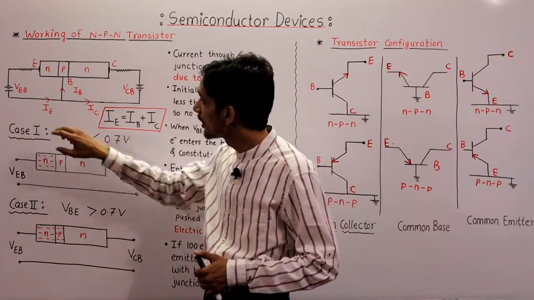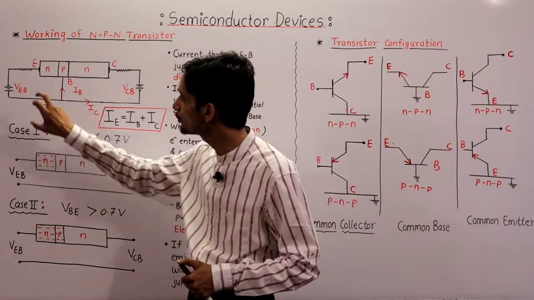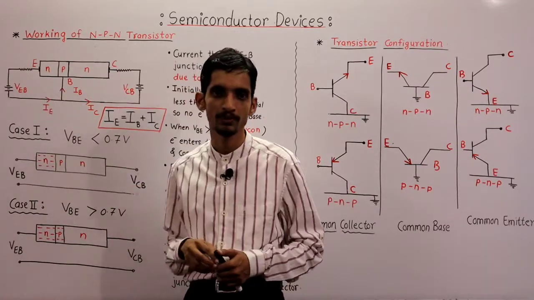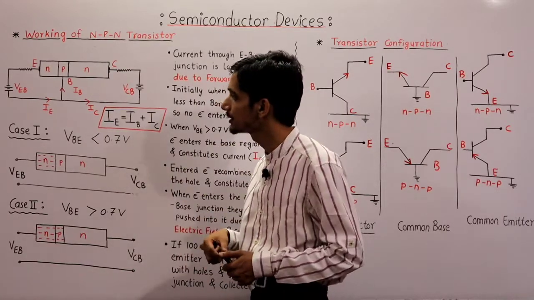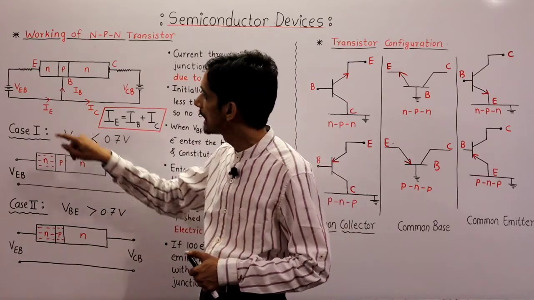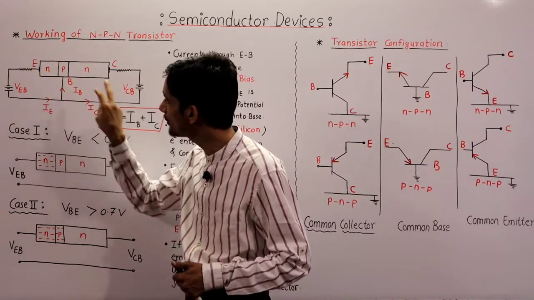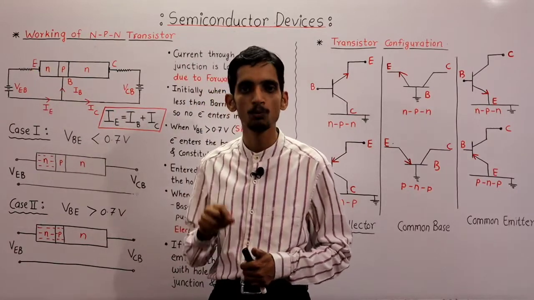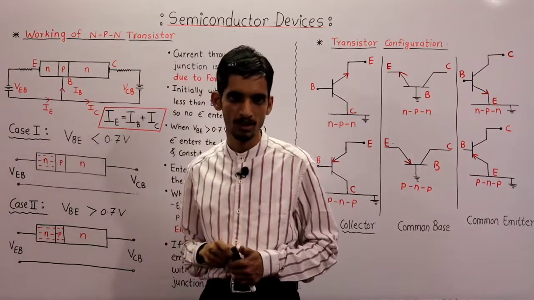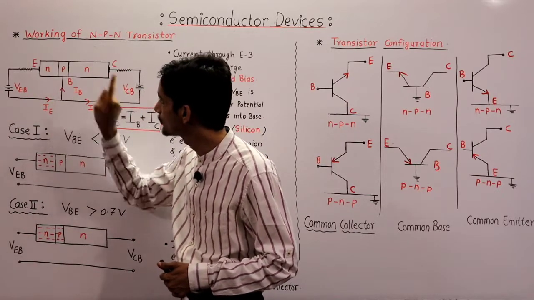Now, the emitter to base junction is forward biased. It means we have to apply a voltage between the emitter and base. The second important point is that the polarity of the battery is also important here. As this transistor is NPN, to make the emitter to base junction forward biased, we have to connect the negative terminal of the battery to the N side and the positive terminal to the P side.